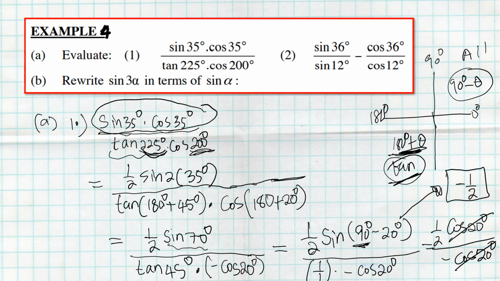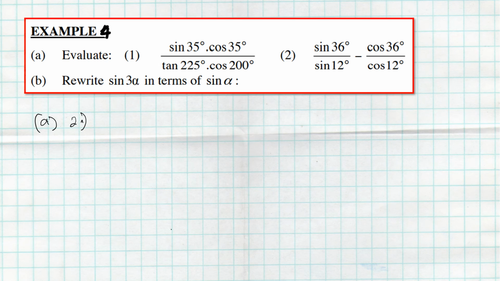Okay, let me just enhance your knowledge by doing number 2 and lastly B. Number 2, you're given sine 36 degrees over sine 12 degrees minus cos 36 degrees over cos 12 degrees.